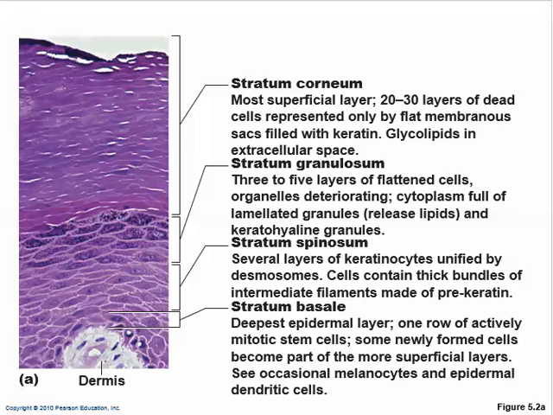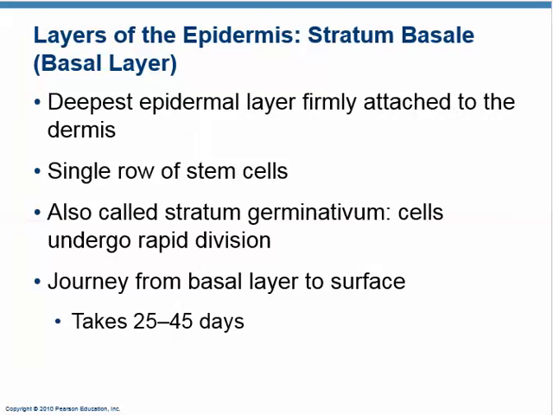This layer is made primarily of keratin, and there's a whole bunch of layers of really flat, dead keratinocytes completely filled with keratin, and they act like shingles, like a waterproofing membrane. From start to finish, it takes between 25 and 45 days to get from the stratum basale up to being shed off the stratum corneum.